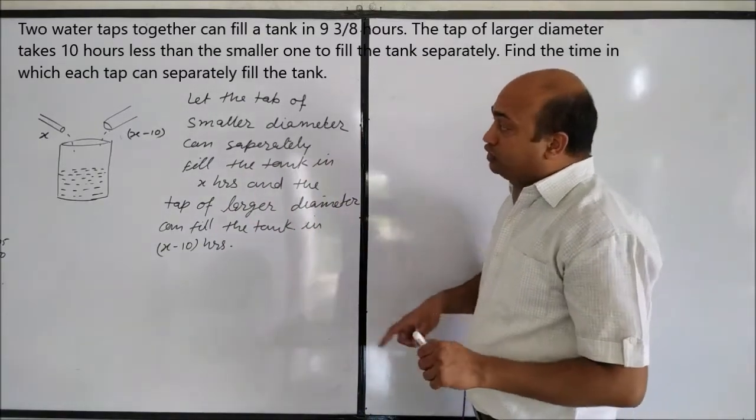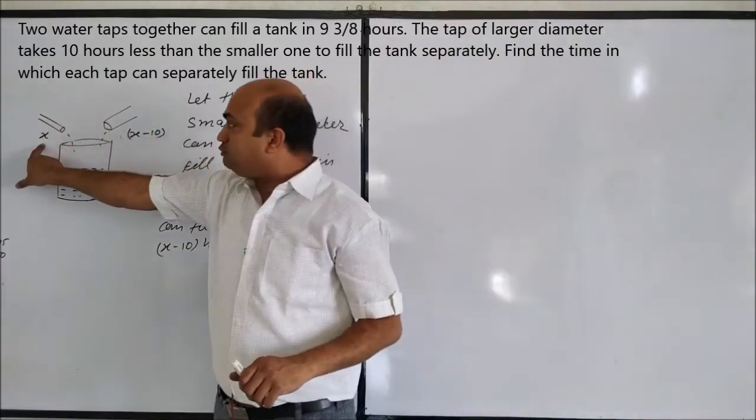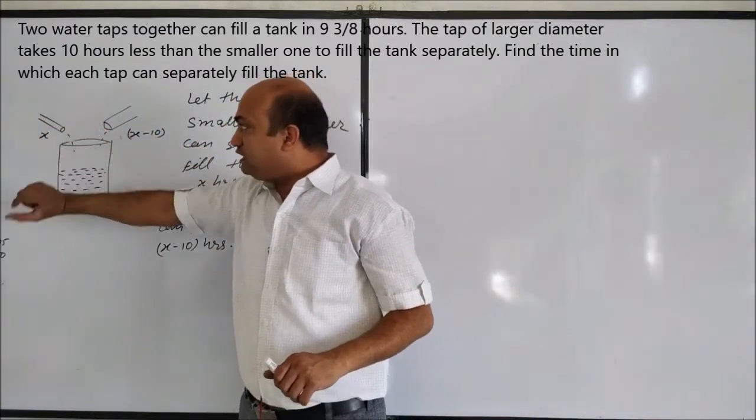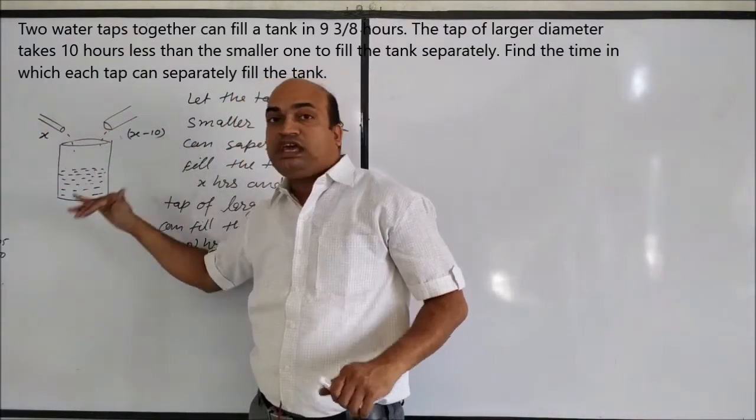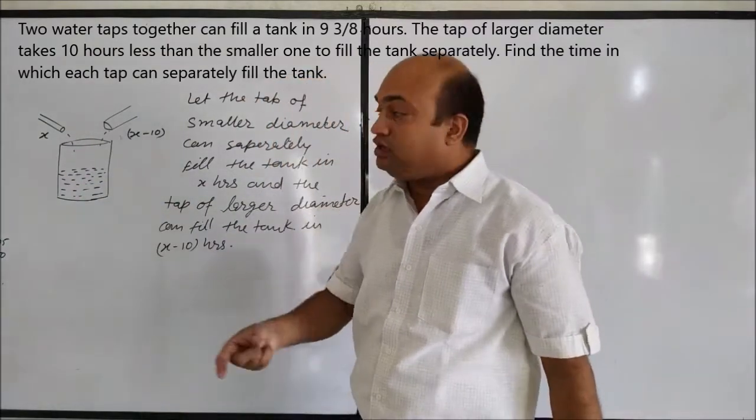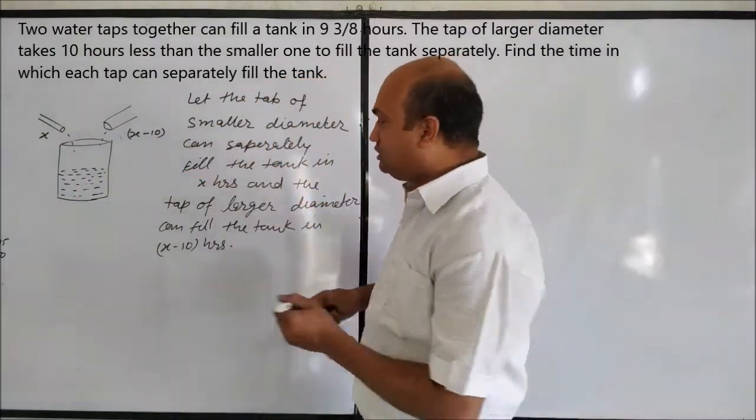If the tap of smaller diameter fills the tank in x hours, therefore 1 upon x part of the tank can be filled by this tap in 1 hour.